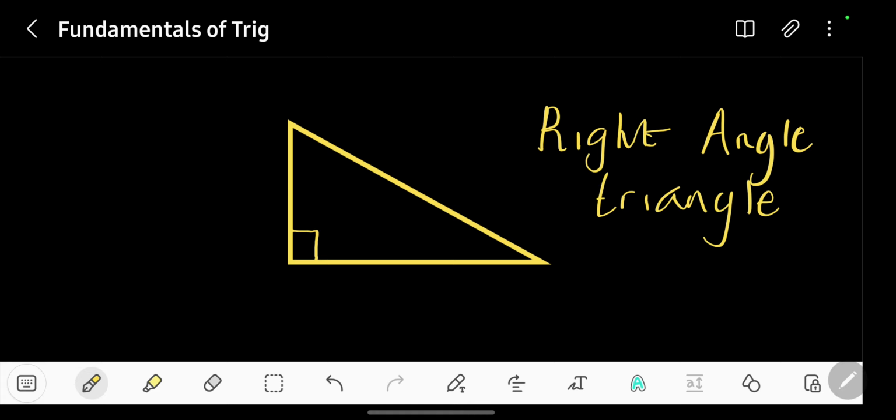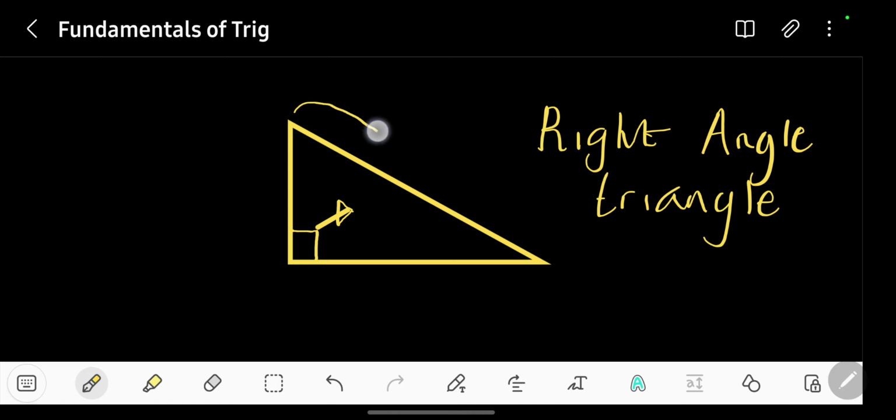Now, in your right angle triangle, this corner will always point you to a side that we call the hypotenuse. It is a side of your right angle triangle, and it is always the longest side.